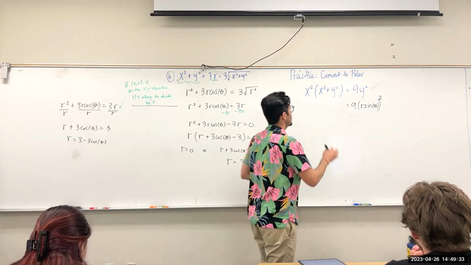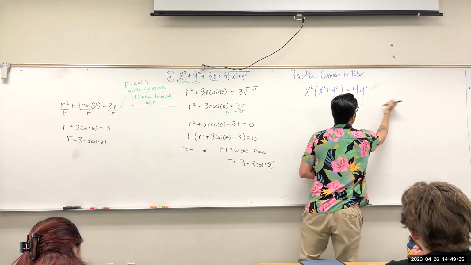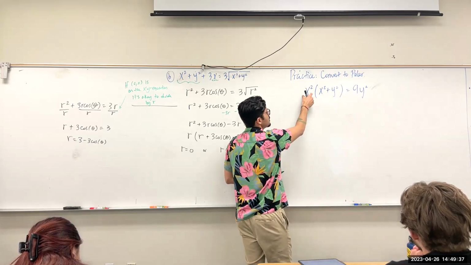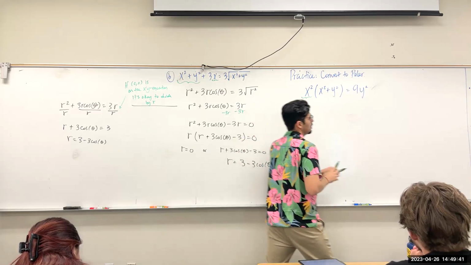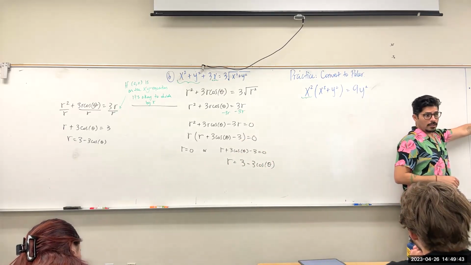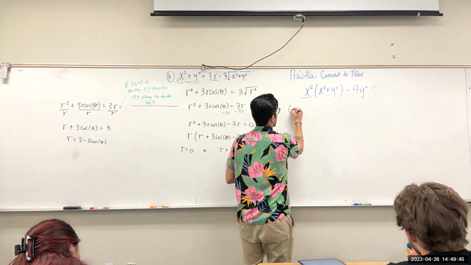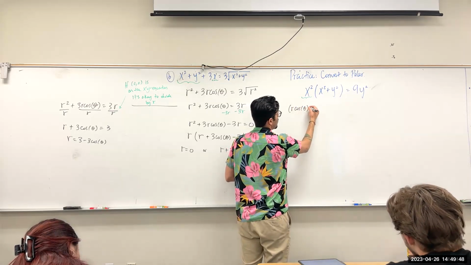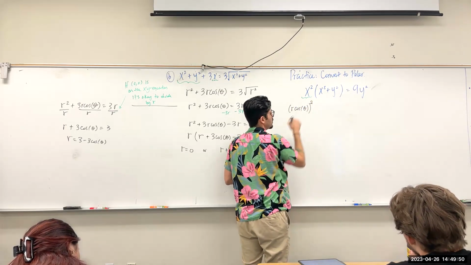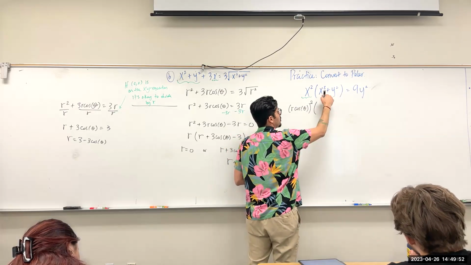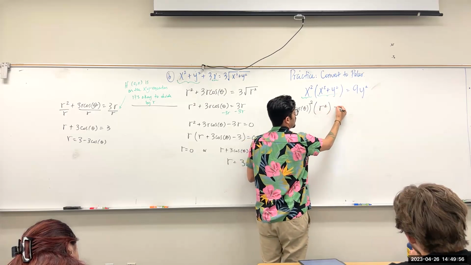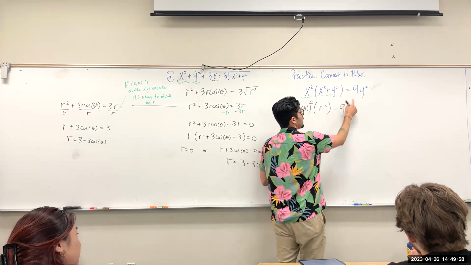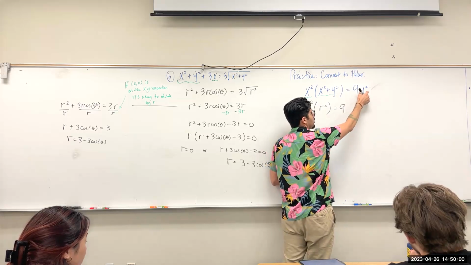Okay, so let me start this all over again. So X, you guys replaced it with R cosine theta, right? So I'm gonna go step by step. This is R cosine theta. That is being squared. This you replaced with just R squared. And then here, the 9 is just the 9, but it's the Y that you're replacing.